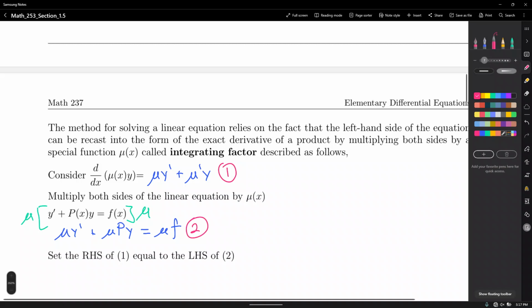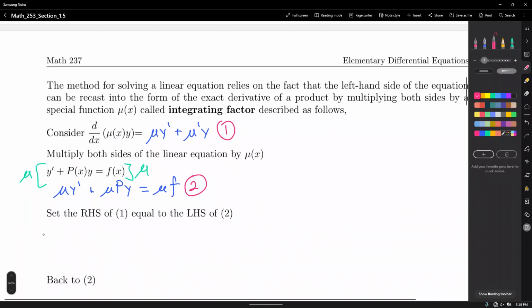Now, because again, we want to make sure that the left-hand side of the differential equation looks like a product, so we can then turn that into a separable equation. What we're going to do is set the right-hand side of 1, that is the quantity in blue, equal to the left-hand side of 2. Okay?